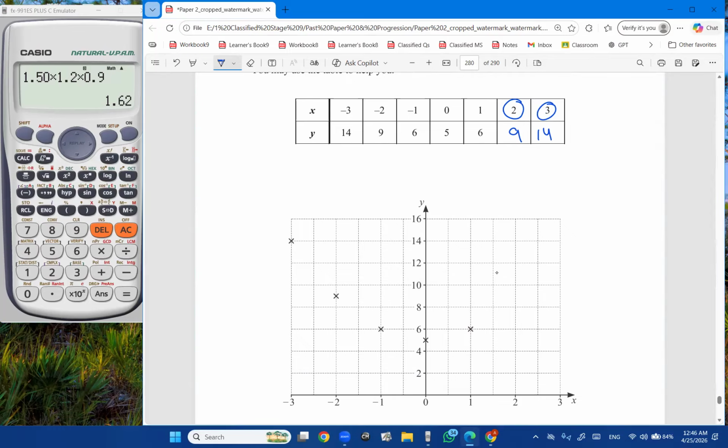Let's complete the graph. So 2 is until 9, which is over here, and then the 3 is until 14. Then you connect without a ruler because it's quadratic. And what we're drawing here is not a straight line. It is a parabola.